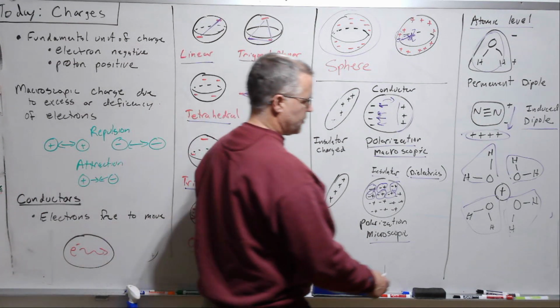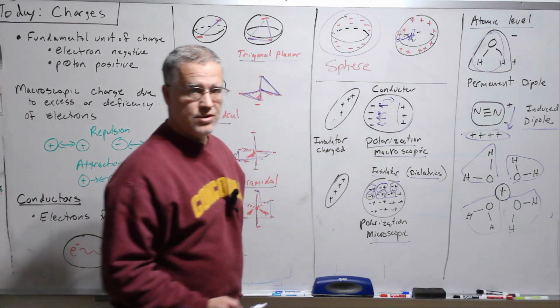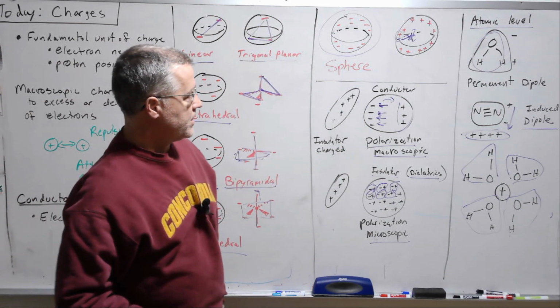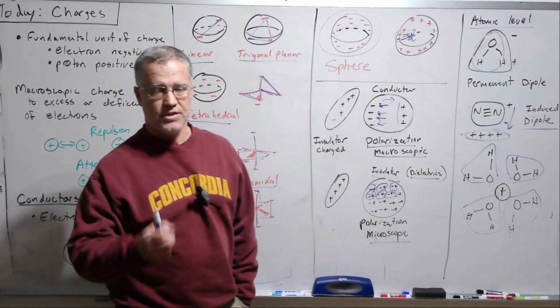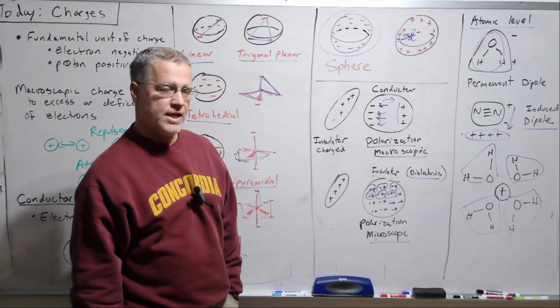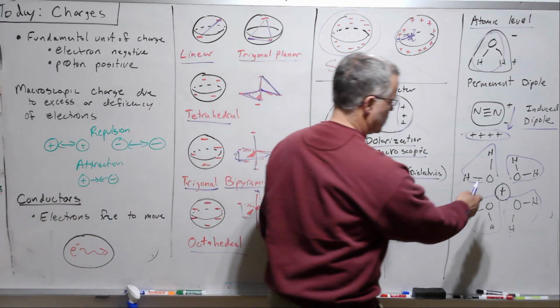And this could also, although I haven't drawn it here, happen for a molecule that only has an induced dipole. The presence of the charge would induce the dipole, and that would orient around the presence of the charge.